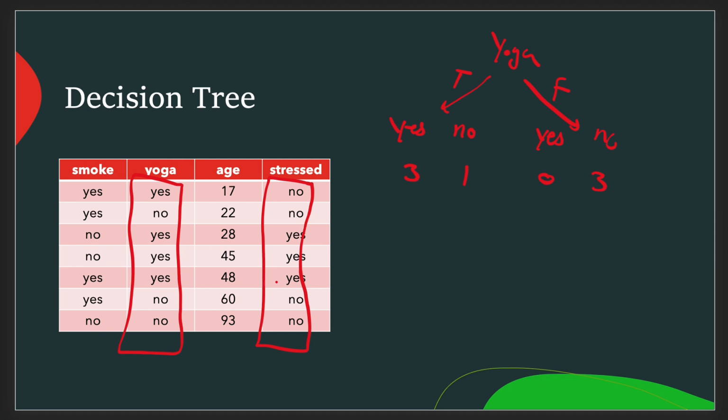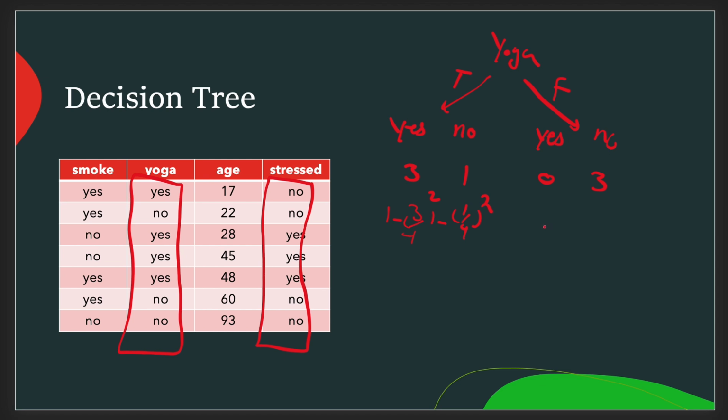If you calculate the Gini impurity, just like based on what we did before, right? So the probability for this one is going to be 1 minus 3 over 4 squared minus 1 over 4 squared.